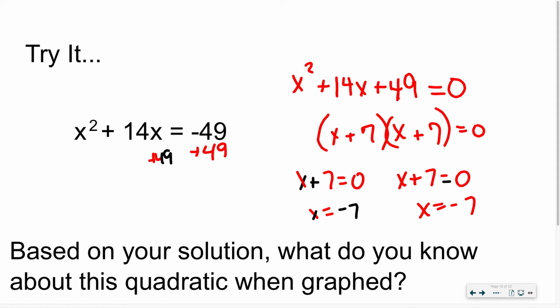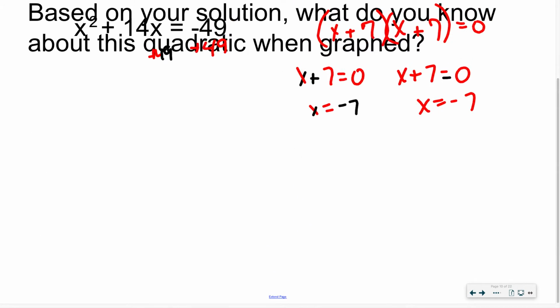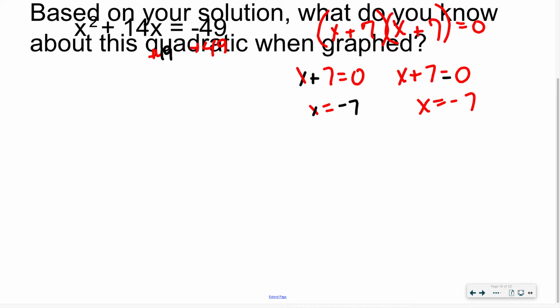And what do you know about that quadratic when it's graphed? Same. Which means what? What do you know about the quadratic? It is a quadratic, so it's still curved. So how many solutions do we have?